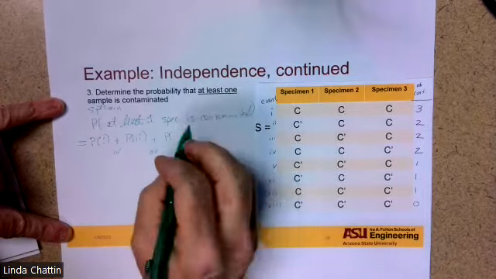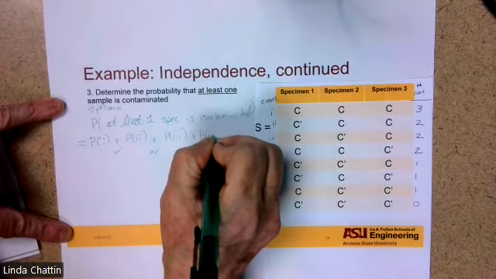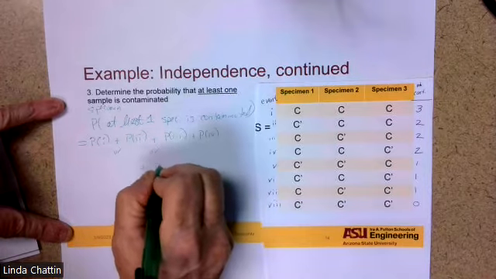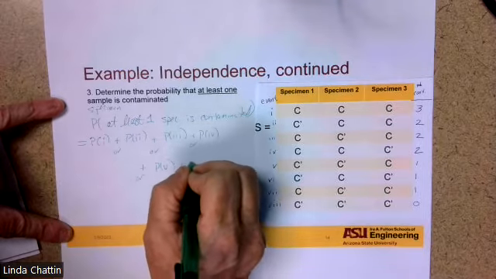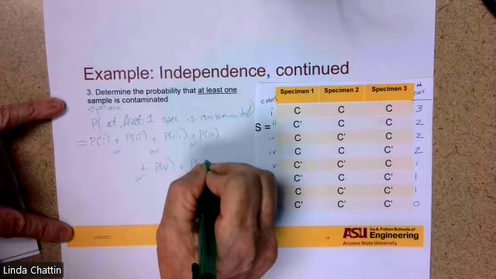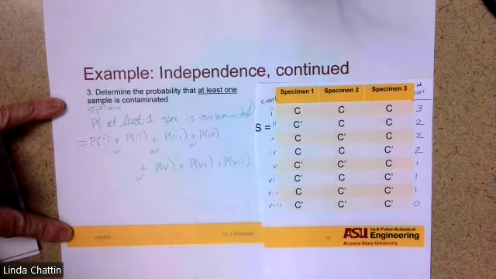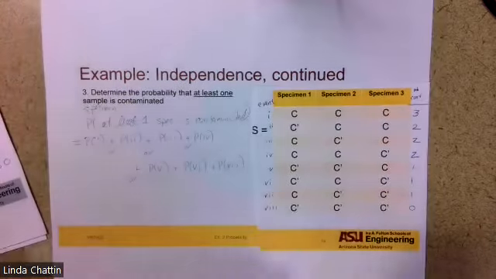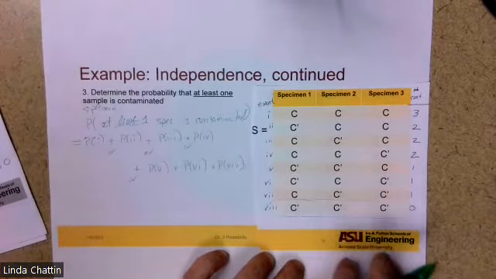We use a plus sign when we're talking about or, plus event 4 plus event 5 plus event 6 plus event 7. The only one that's not in there is event 8 right there.